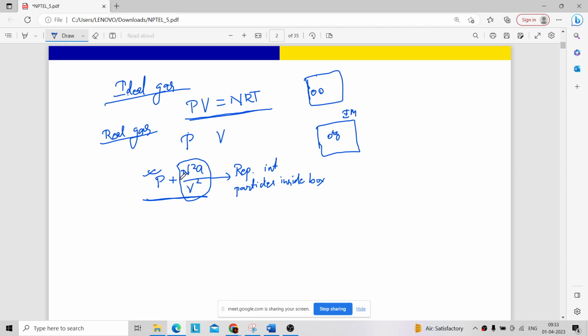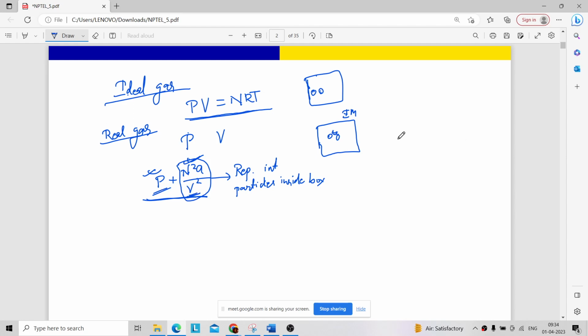And V is the volume, and n is the number of particles. So if the number of particles increases, then the pressure will also increase, and if the volume increases, then the pressure will decrease.